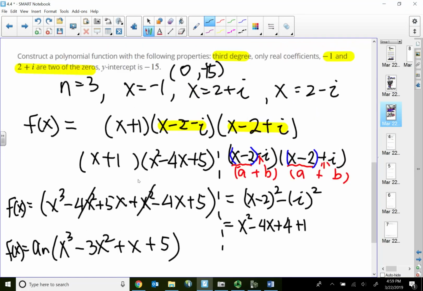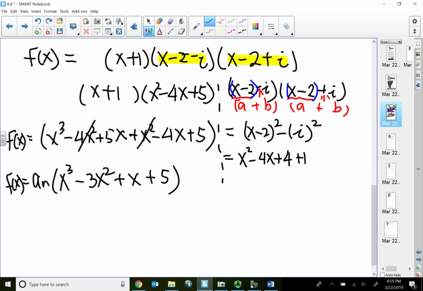So, if I were plugging 0 for all my x's, and negative 15 is the y value, I put it on the other side where f of x is. Then I should have negative 15 equal to the leading coefficient times 0 to the third minus 3 times 0 squared plus 0 plus 5.